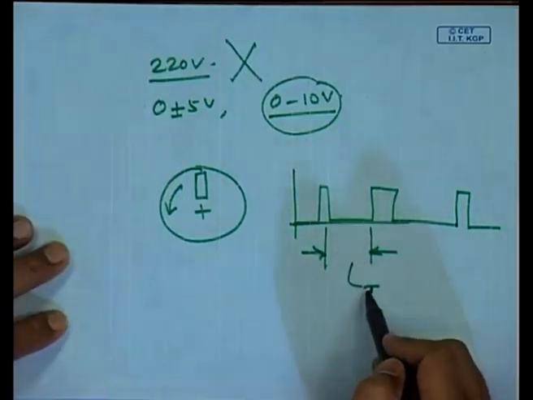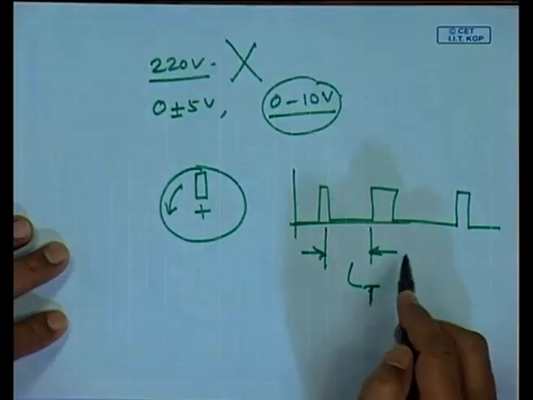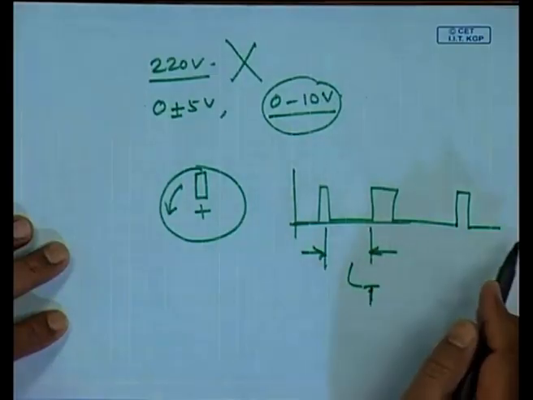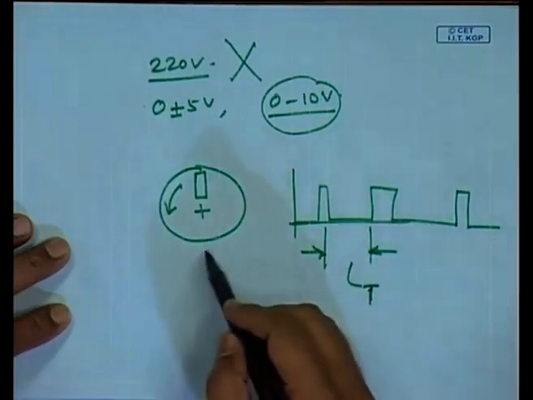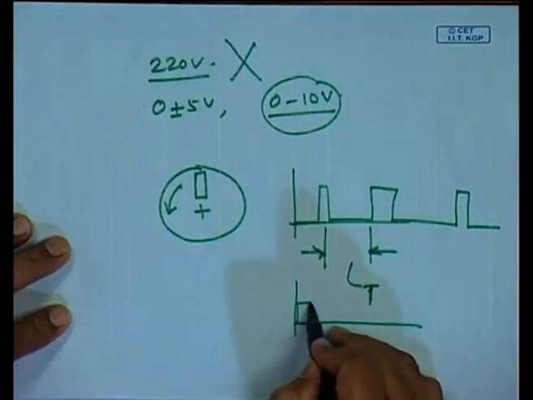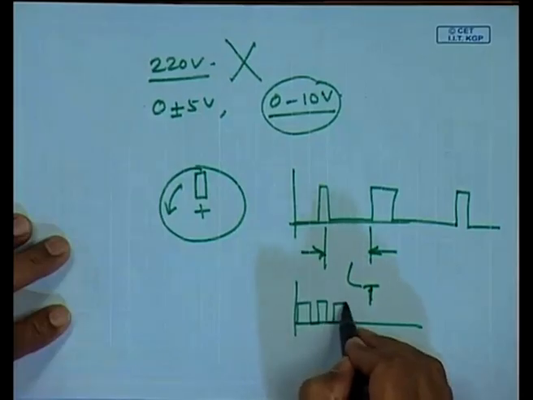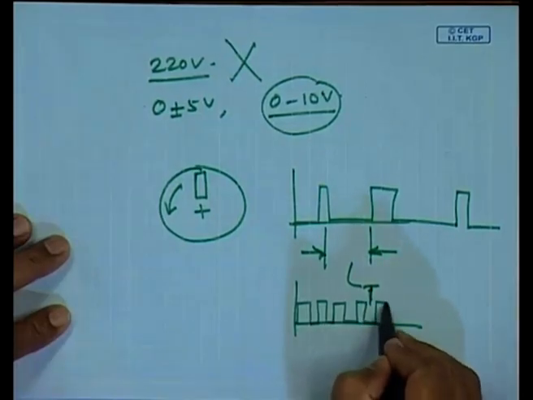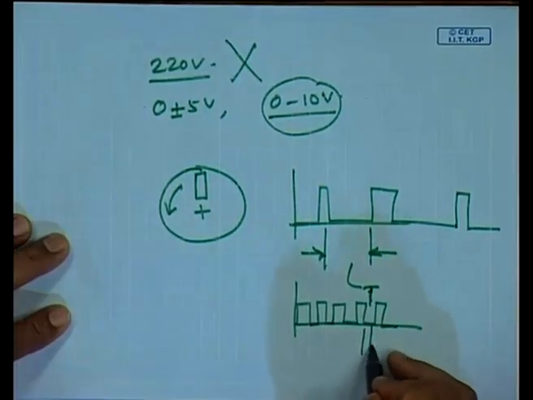But who gives me a sense of the relative time? So, I need to have a clock or a counter, okay, which will give me a pulse. I know this is my pulse cycle, and this has a definite clock frequency.